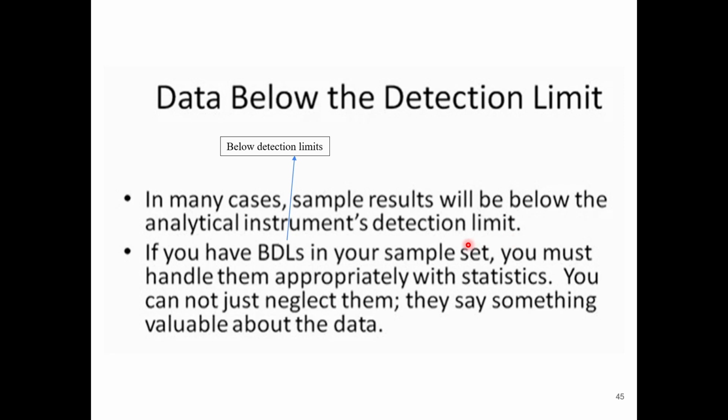If you have BDLs, that is, below detection limits, in your sample set, you must handle them appropriately with statistics. Otherwise, we will have a wrong idea of the distribution. You cannot just neglect them. They always say something very valuable about the data, so we cannot ignore them.